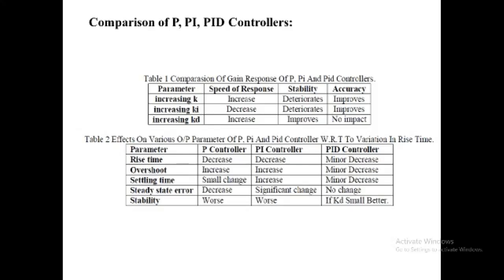So this derivative control will have the effect of increasing the stability of the system, reducing the overshoot, and improving the transient response. This derivative control action can never be used alone because this control action is effective only during the transient period.